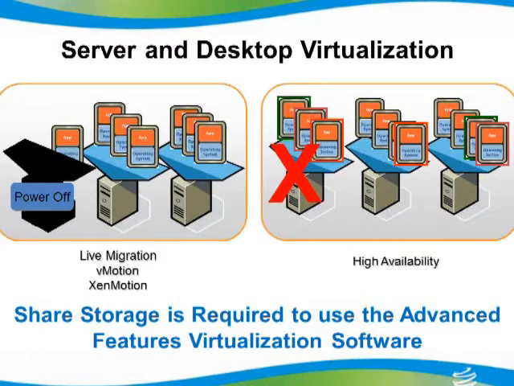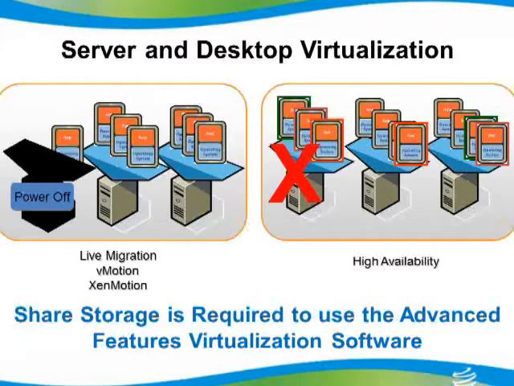If we combine shared storage technology, we virtualize our storage, and then add virtualization software such as VMware on top of that environment, we can create an environment that's resilient to things that can happen on our network, especially in the case of high availability. Meaning if I have a bunch of virtual machines running on a physical host and that host fails, those virtual machines will automatically, without user intervention, power up on another physical host.